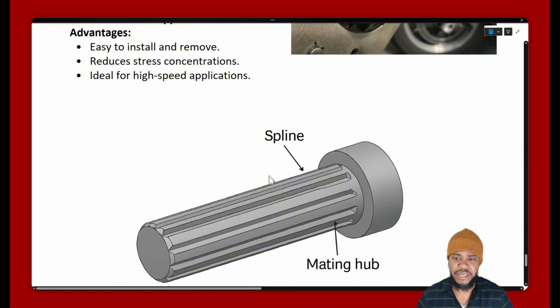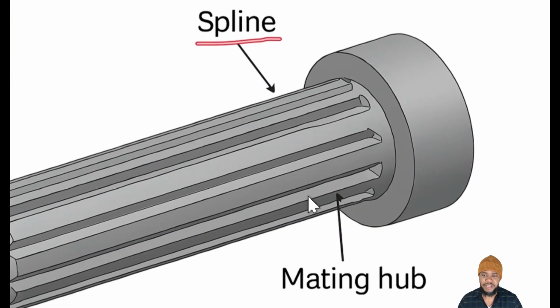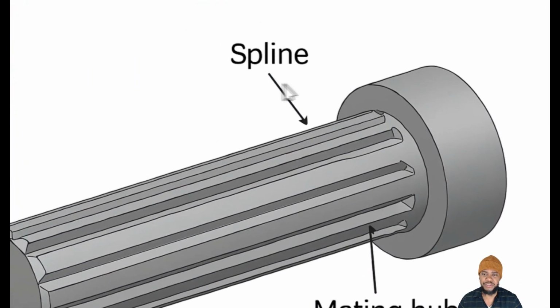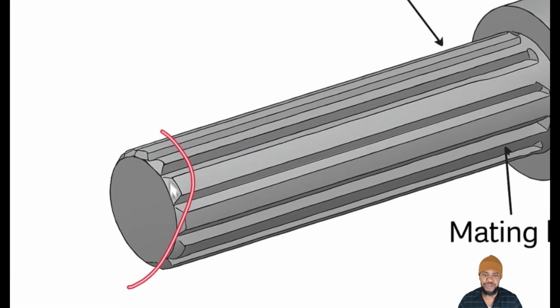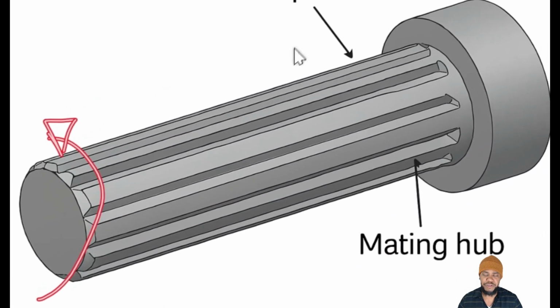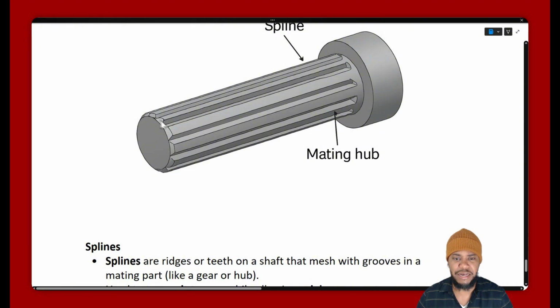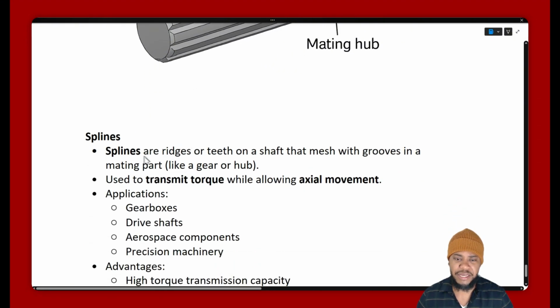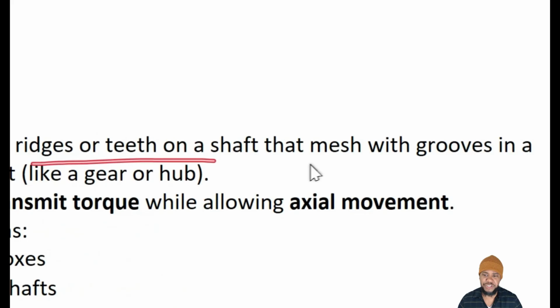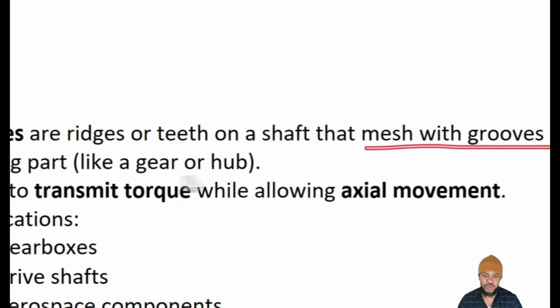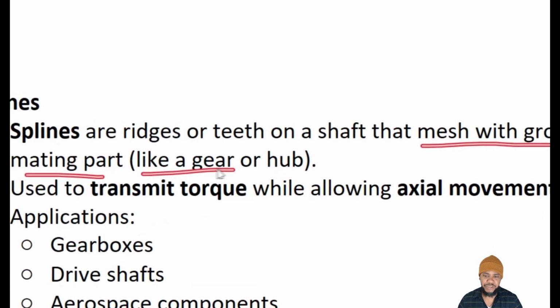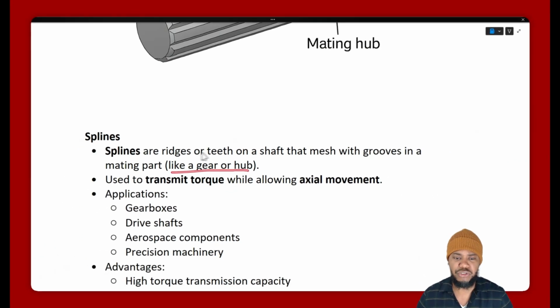Now, finally, let's talk about splines. Splines are fairly complex structures used to transmit torque. So they're often used in mass-produced shafts rather than one-offs. Splines are ridges or teeth on a shaft that mesh with grooves in a mating part, like a gear or a hub structure.